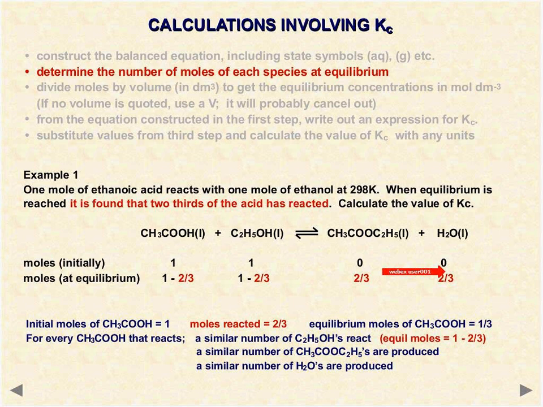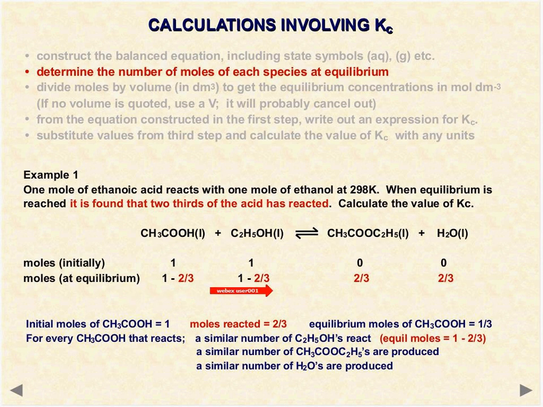Now, 2/3 of the moles have reacted. What I just did: at equilibrium, 1 minus 2/3. Of course, 2/3 of the moles are of this, and 2/3 of the moles are formed of water. Initial moles of CH3COOH, that is ethanoic acid, is 1. Moles reacted is 2/3. So at equilibrium, 1 minus 2 by 3, that is moles of ethanoic acid is 1/3.